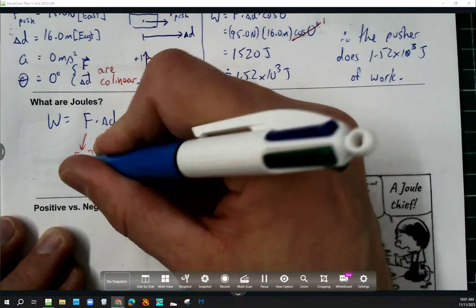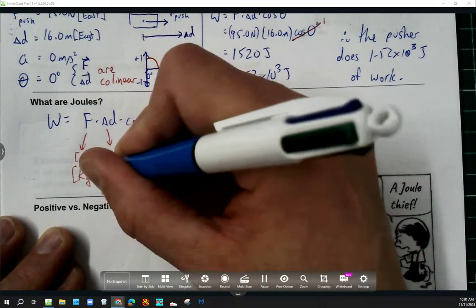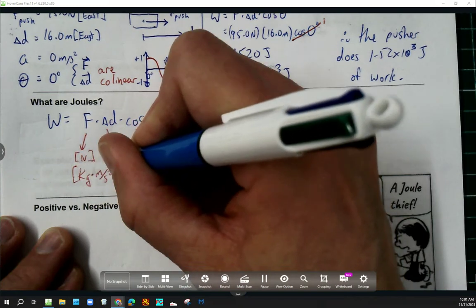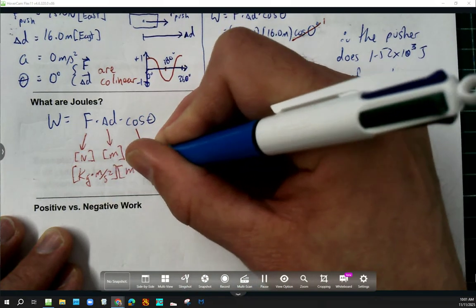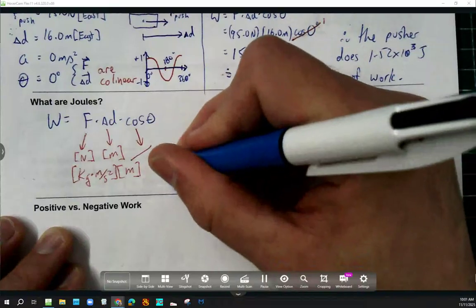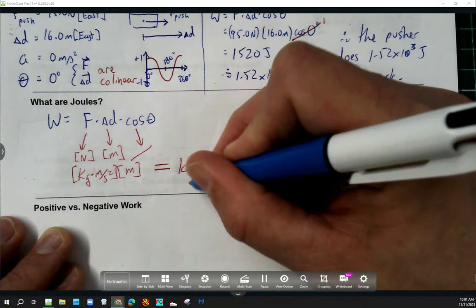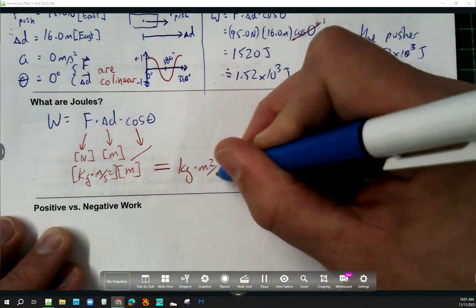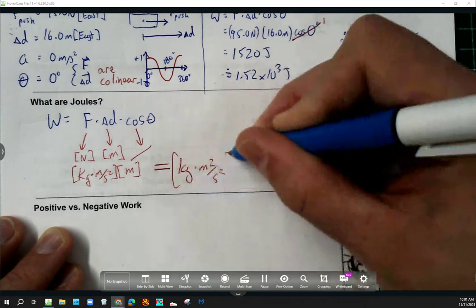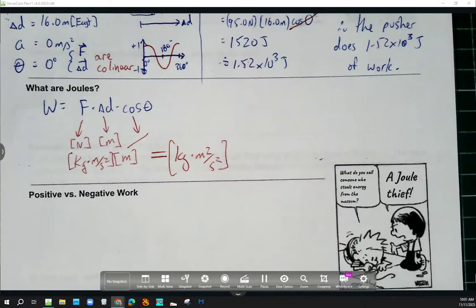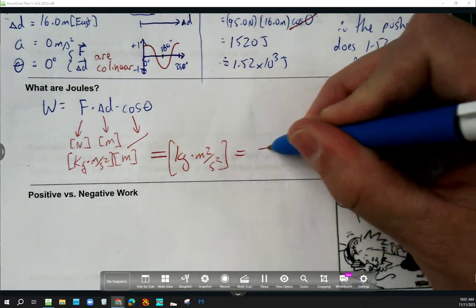Newtons is defined as kilogram meters per second squared. Meters is just meters. And that becomes kilogram meters squared per second squared. Maybe the exact same thing as I wrote before, but not squeezed into the margin. And that is that definition of joules.